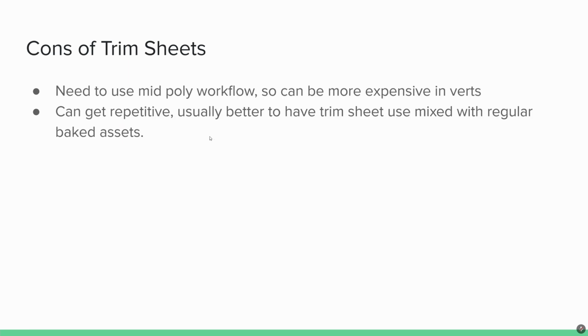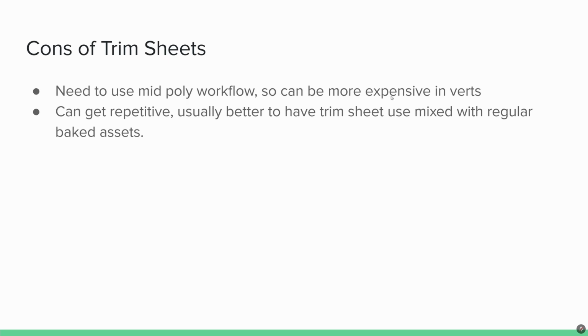And then we go into the cons of trim sheets. The thing about trim sheets is that there are cons to them, but there are ways around them. One of them is that they can be expensive in verts when you are using them on props, and that's because you're using the mid poly workflow.